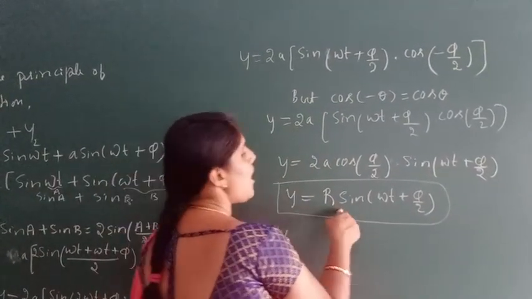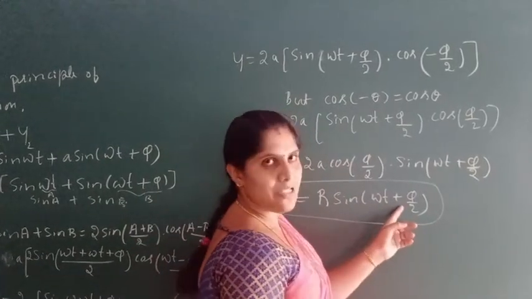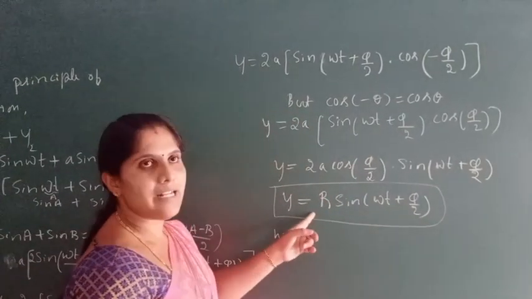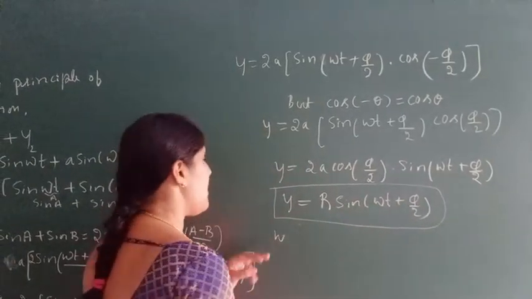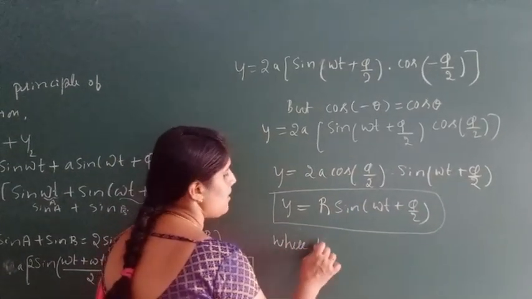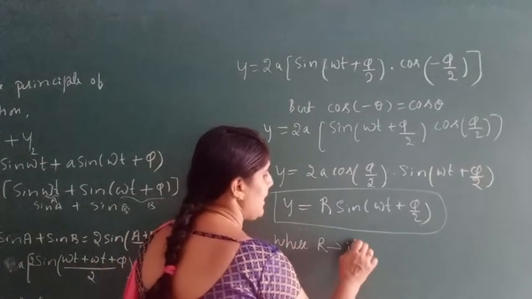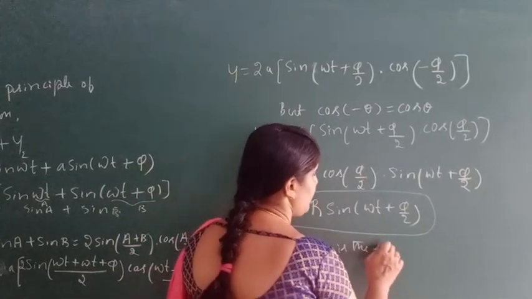y is equal to r sin of omega t plus phi by 2, where r is the resultant amplitude, omega is the angular frequency, and phi is the phase difference.